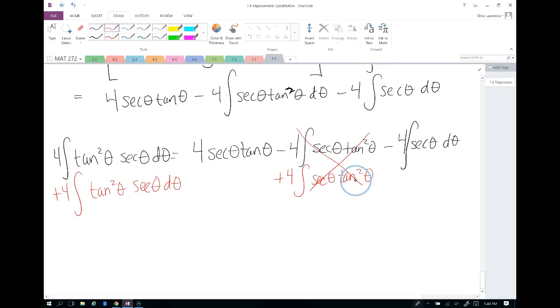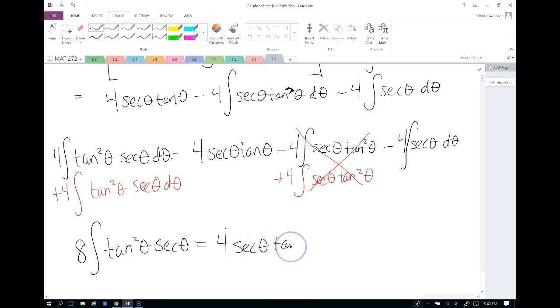And it's going to cancel away here, and then we're going to get that 8 times the integral of tan squared theta secant theta equals 4 secant theta tangent theta.